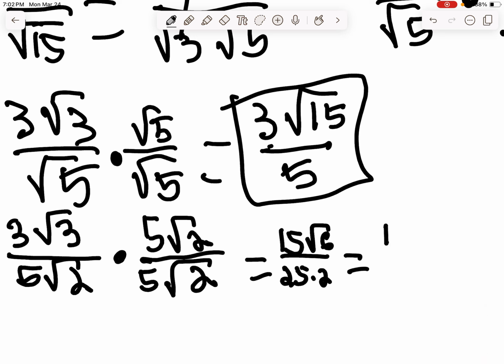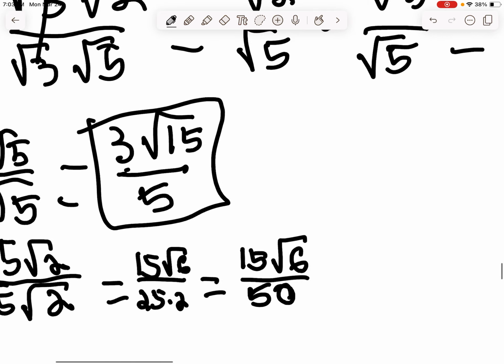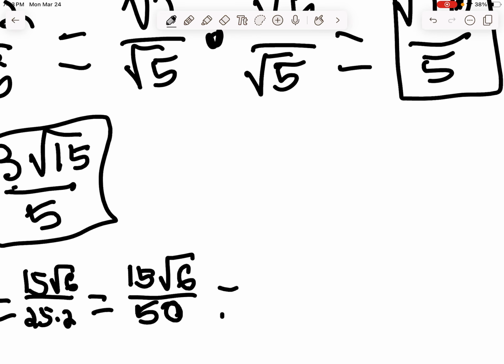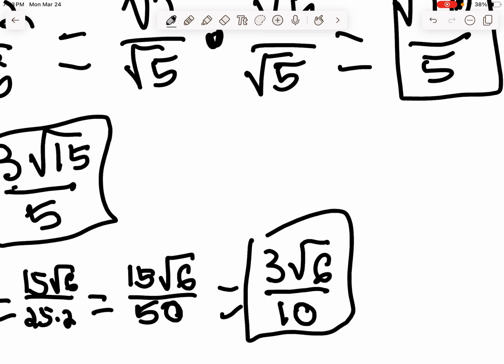Simplify that to be 15 square root of 6 over 50. And we could divide both of these by 5, so 15 divided by 5 is 3 times the square root of 6, and 50 divided by 5 is 10. This is our final answer.